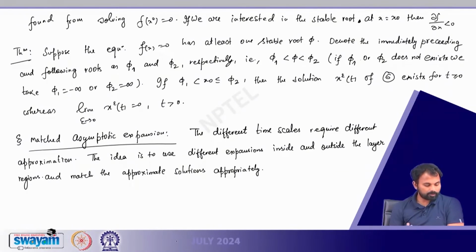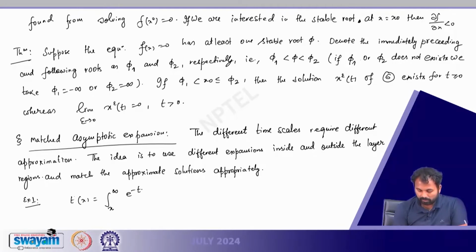Right. So what do we mean by this asymptotic expansion? Let us see one example. Example 1. Consider this integral E of x equals the integral from x to infinity of e to the power minus t by t dt, where x is positive, right.